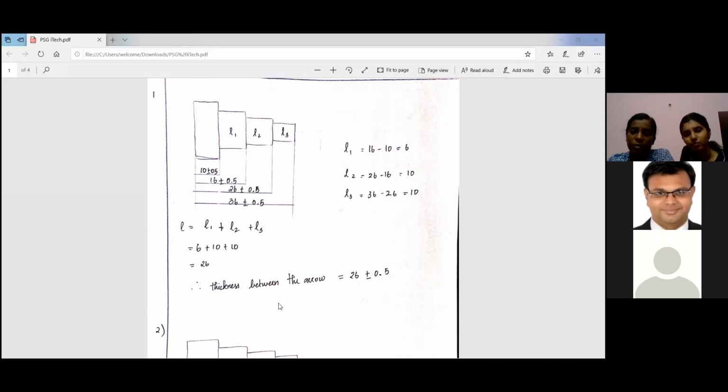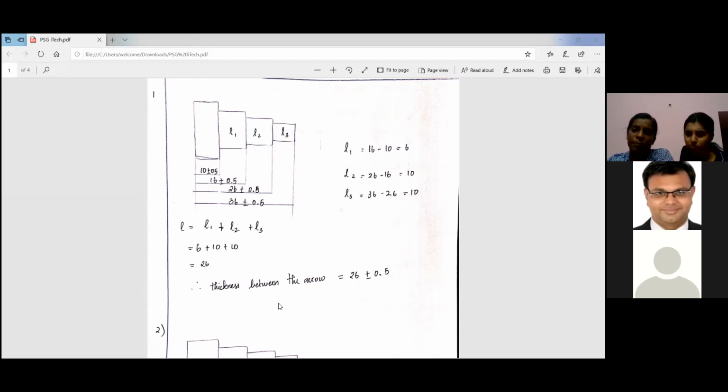And what about the 0.5? The tolerance is 0.5, so the upper limit is 0.5 and the lower is also 0.5.